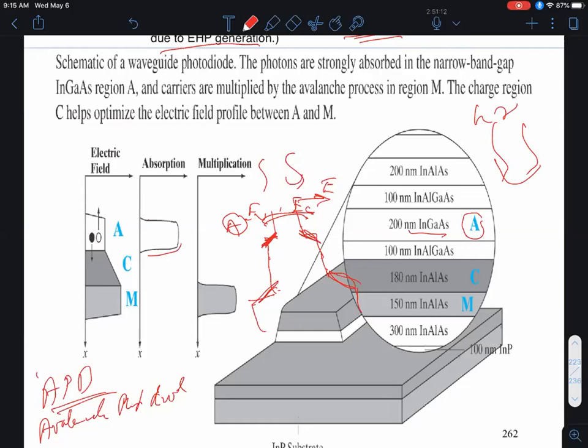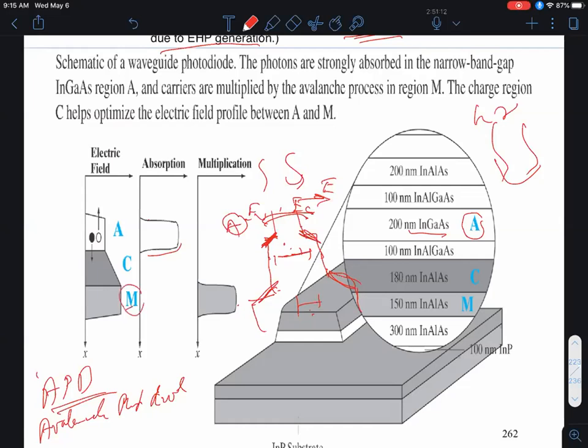Now, the photon energies are such that they are lower than the band gap in the charge layer and the multiplication layer. So they cannot be absorbed within these two systems. All right. So what's the role of that? The role is you design this PIN diode structure where these absorbed photocarriers are within this high electric field region. Okay.